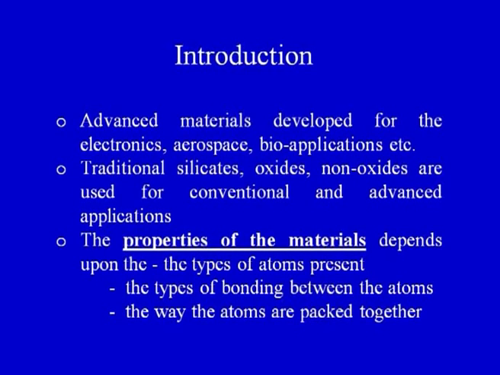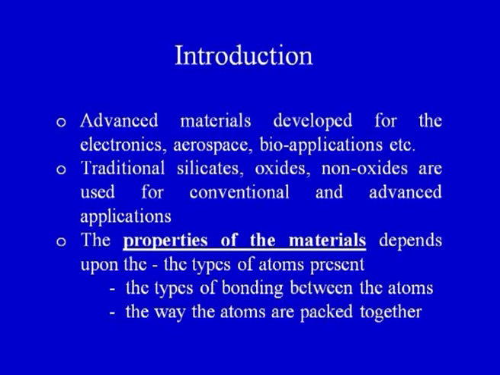Now, some part of today's lecture will focus on the third aspect on the screen, the properties of materials. Properties means the mechanical properties, the physical properties, the chemical properties. The properties of materials depend upon the types of atoms present. That is one important criterion which dictates the properties of a material.